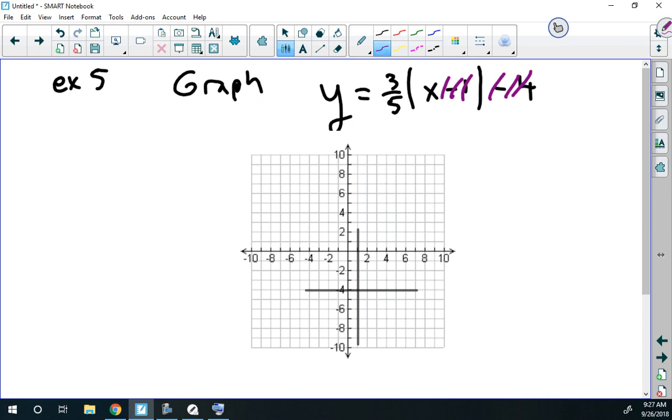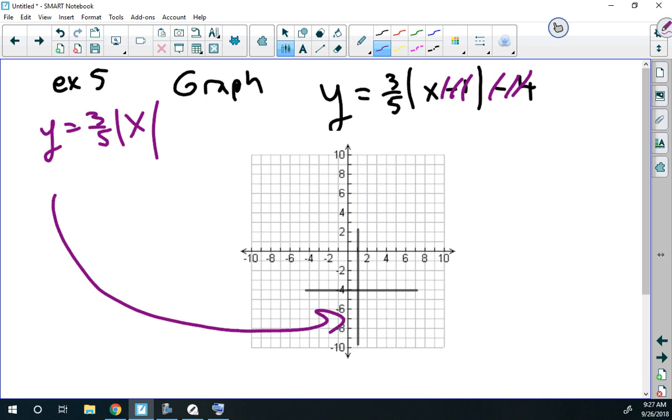And now I'm just looking at y equals 3/5 times the absolute value of x. I'm just going to graph that from right there. So here's my vertex. I guess my vertex in the coordinate plane happens at 1, -3 if I needed to label that.